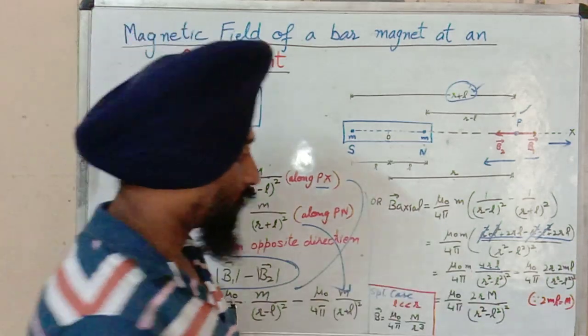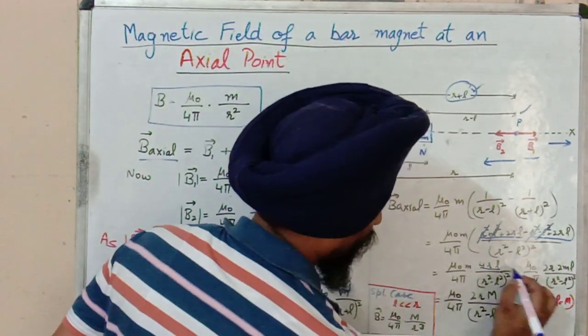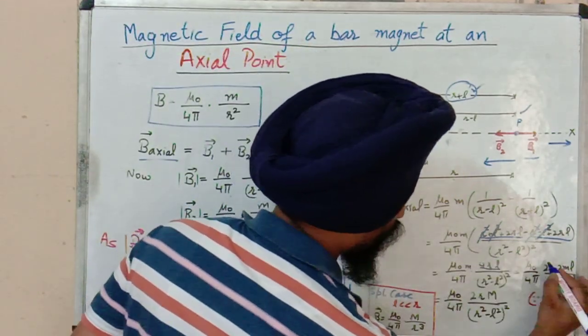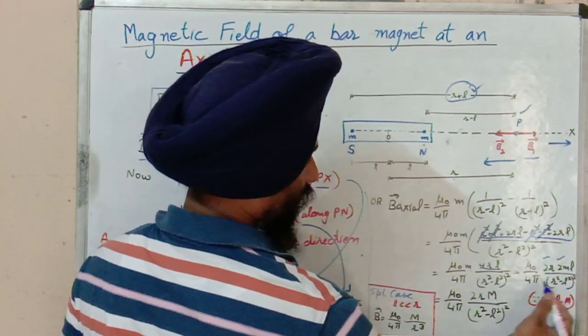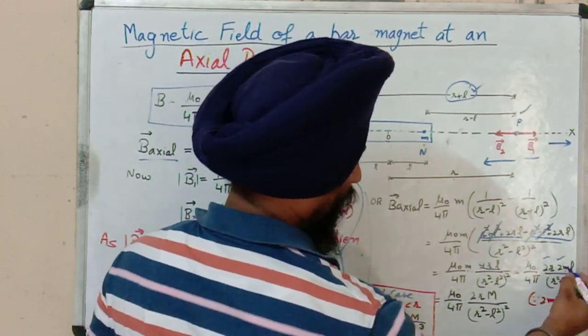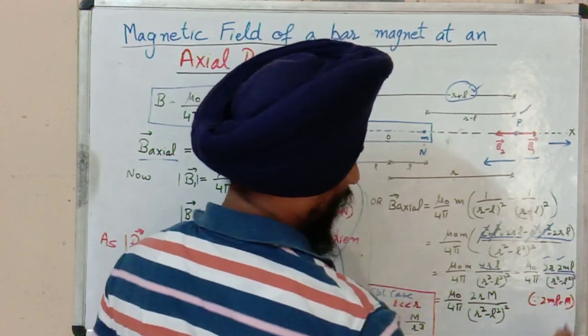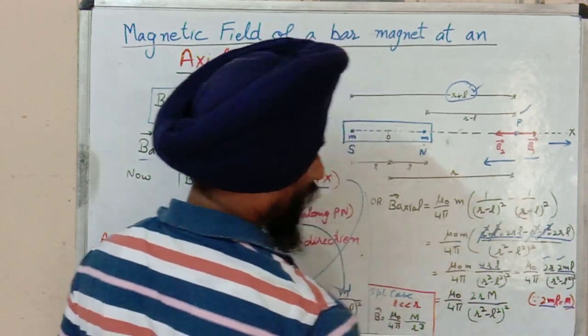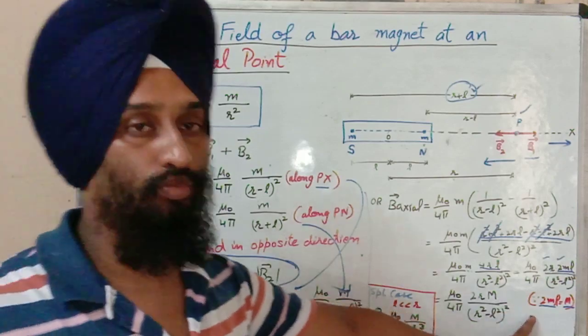Clear? Now by splitting this 4 into 2 into 2, and this m goes here and r here, and now this 2mL, put 2mL equal to m, the magnetic dipole moment.